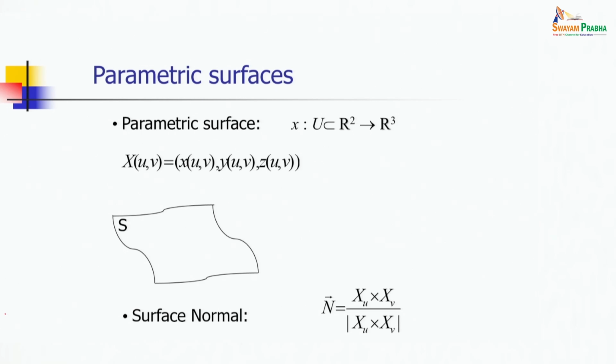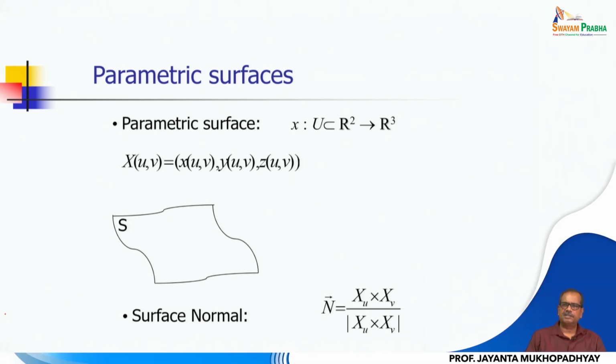So we discussed that for a parametric curve, we require only one parameter, whereas for a surface, we use two parameters to represent a surface, because we know that a surface topologically is a two-dimensional entity. And when we are considering representation of this surface in a three-dimensional coordinate system, then we can express the coordinate points all lying on the surface as a function of two parameters.